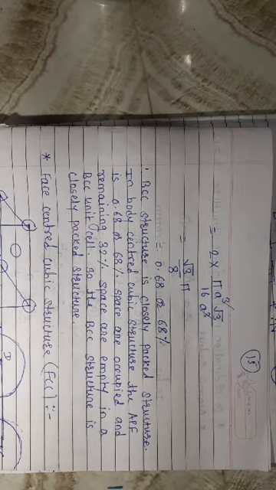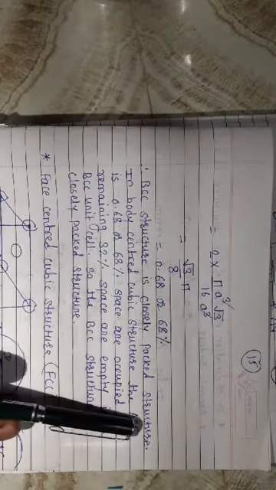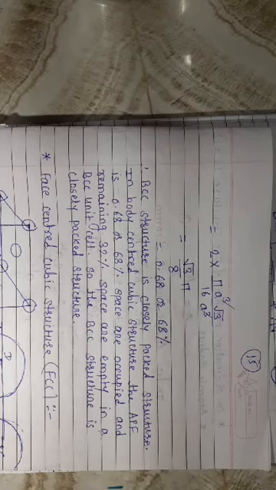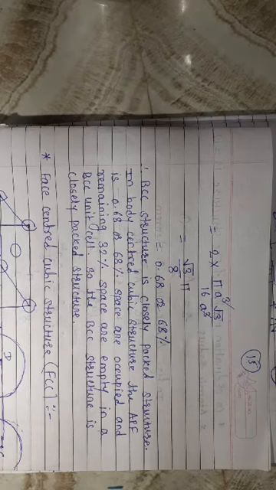or 68% of the space is occupied in this body-centered cubic structure, and the remaining space is empty. In a body-centered cubic structure the atomic packing factor is 0.68, so 68% of the space is occupied and the remaining 32% is empty in a body-centered cubic unit cell.